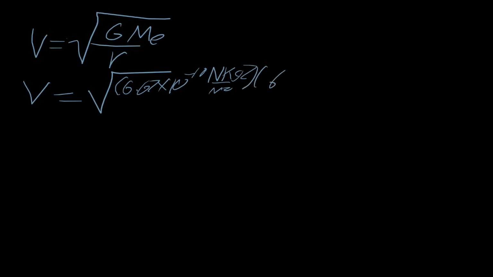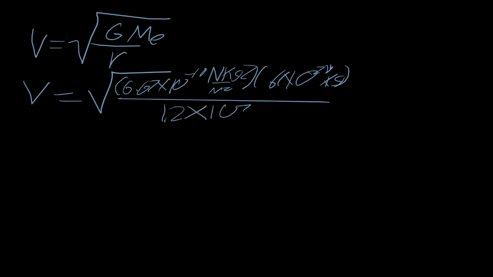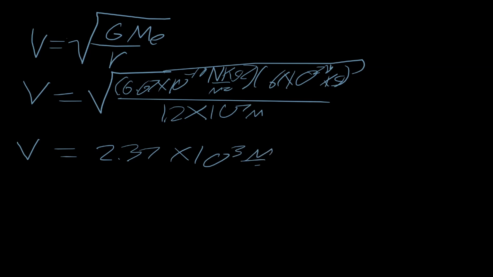Times the mass of the Earth, which is 6 times 10 to the 24th power kilograms, and it's all going to be over the radius from those two points, which is around 1.2 times 10 to the 7th power at point A. This is when the satellite is going to speed up, which gives us a velocity of around 2.37 times 10 to the 3rd meters per second.